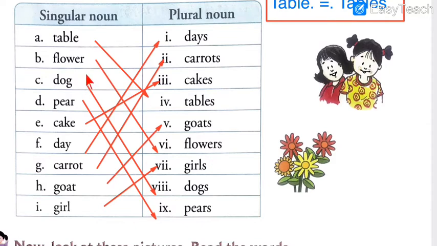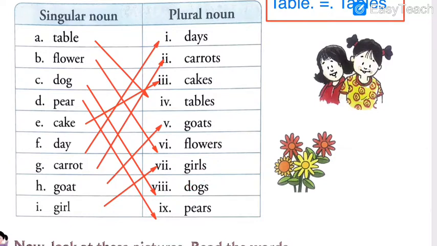Dog, dogs. Pear, pears. Cake, cakes. Day, days. Carrot, carrots. Goat, goats. And girl, girls.